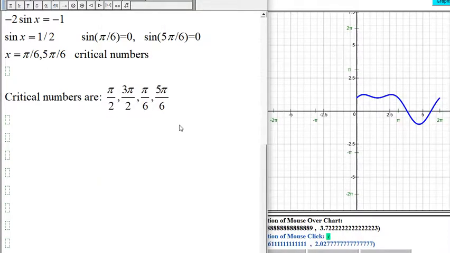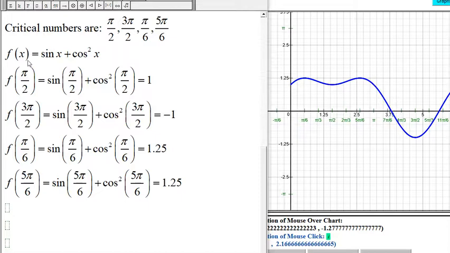And now we look back at the graph. Remember, we're expecting 4, so one critical number right here, 1 here, 1 here, and then 1 here. So now let's evaluate the function at these critical numbers.